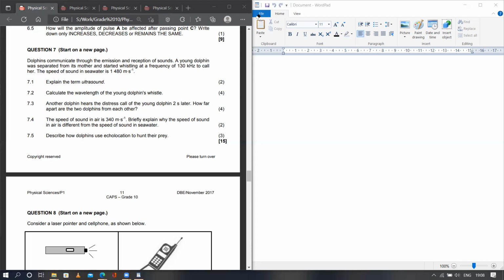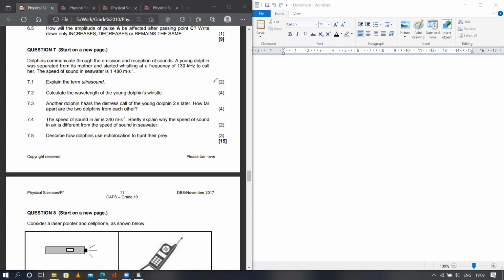Those are two different things. So you can just say they have different physical properties. And now they want to know how dolphins use echolocation to hunt their prey.